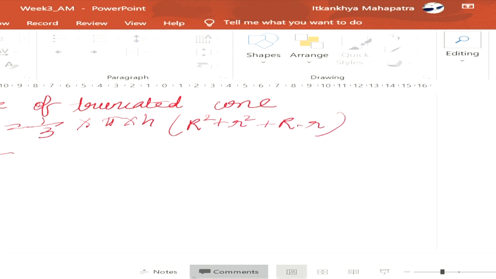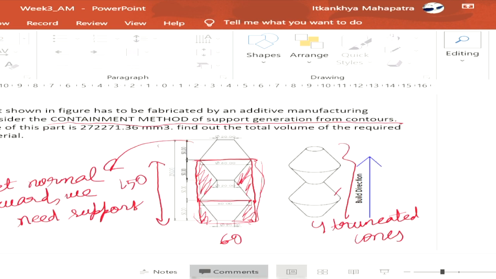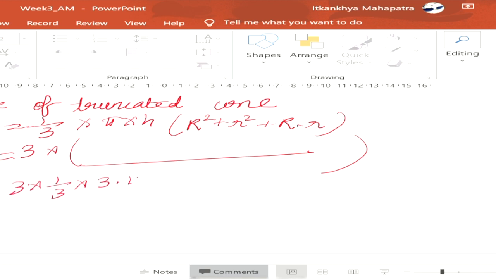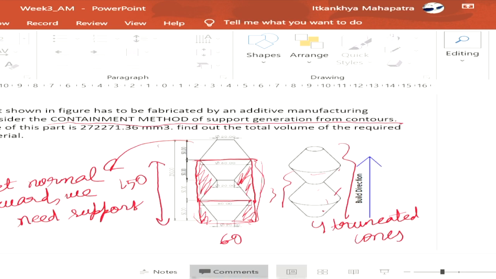Now since we are considering 3 cones, that is why we will take 3 into this total. Now this will be 3 into 1 by 3 into 3.14 into, now the entire height, each cone has a height of 50.